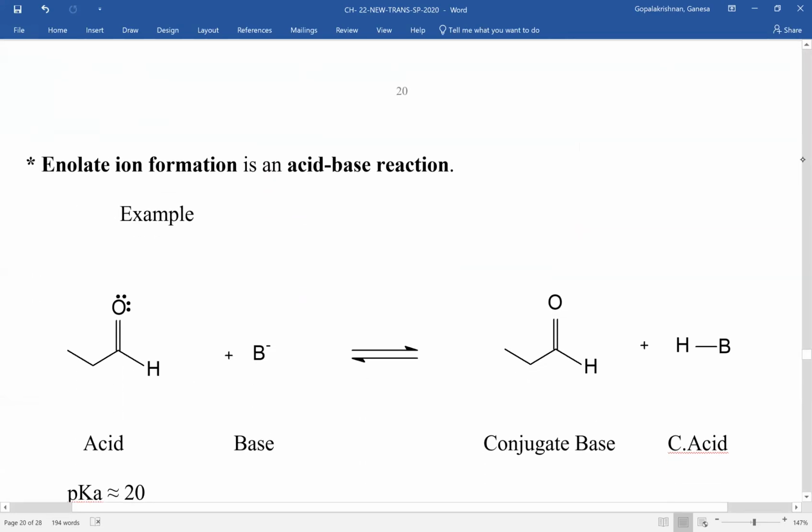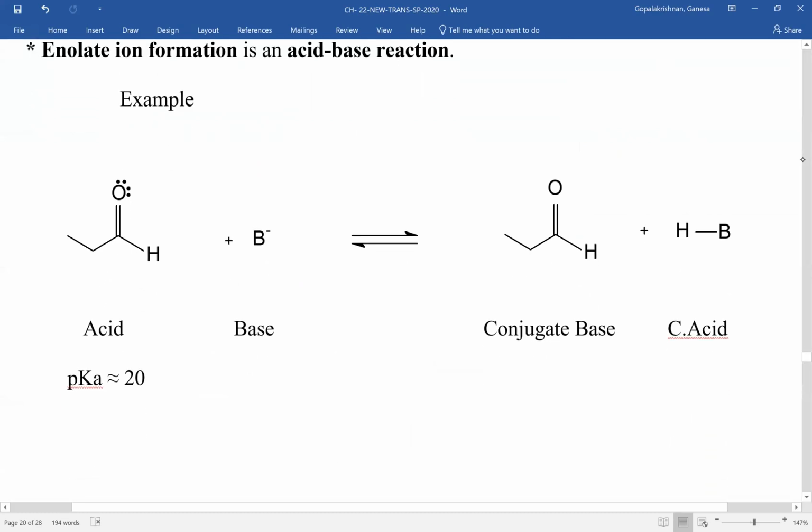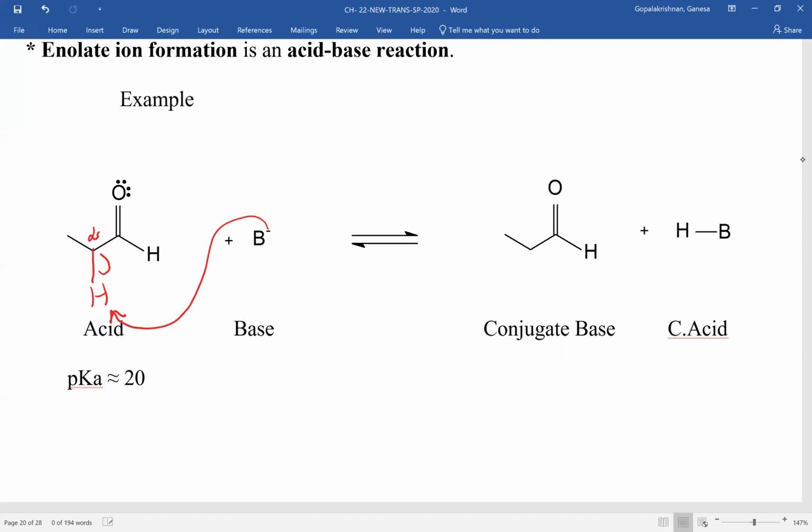If you look at the formation of the enolate, it is an acid-base reaction because the aldehyde or ketone, which we use as a substrate, loses the proton and becomes a conjugate base. The base subtracts the proton and becomes a conjugate acid. So it is an acid-base reaction.